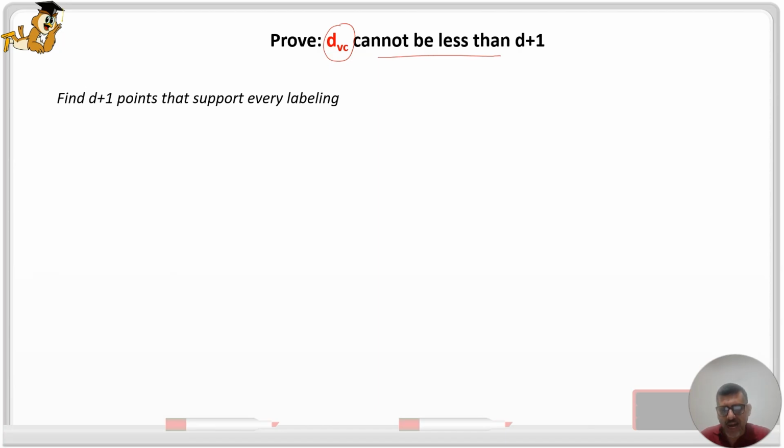So I will give you placement of d plus 1 points such that no matter what labeling you give me, I will always be able to find a linear classifier that supports that labeling. That is what I am going to do. So I have to give you the placement of these d plus 1 points.